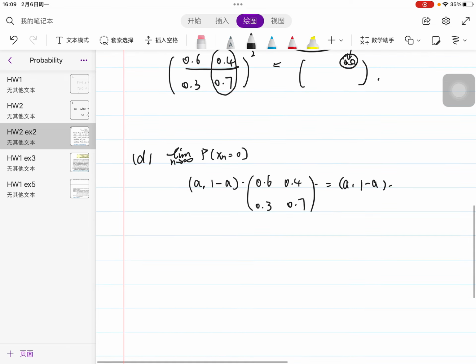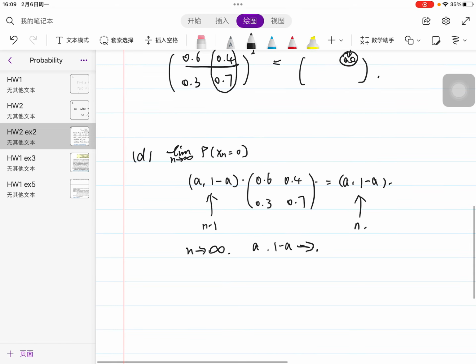So why is that? We could just think of this one as the index n minus 1, and that is n. So when n approaches infinity, the probability of these two, that is a and 1 minus a, needs to converge to a constant since it approaches infinity.